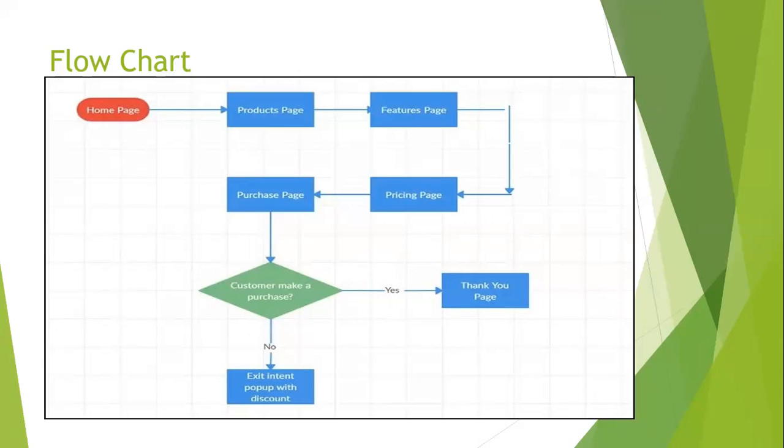Then suppose a user selects the main product page category, they are redirected towards the main product pages, and in this product page we generally provide some varieties like men's jeans, men's kurta, and men's shirts.